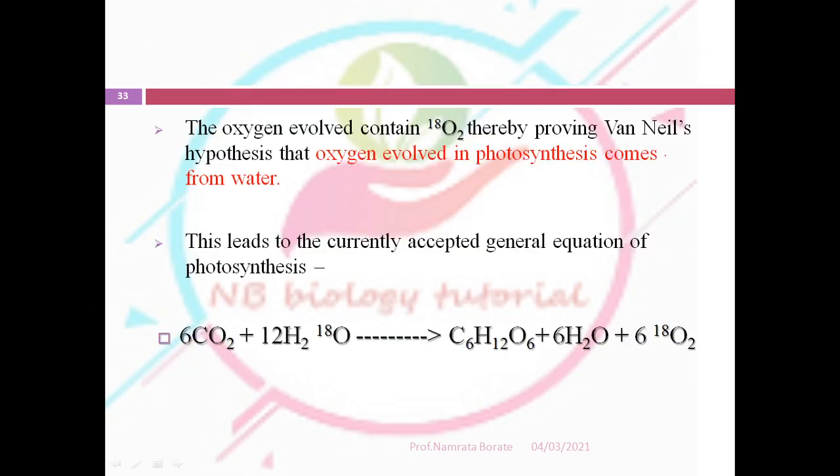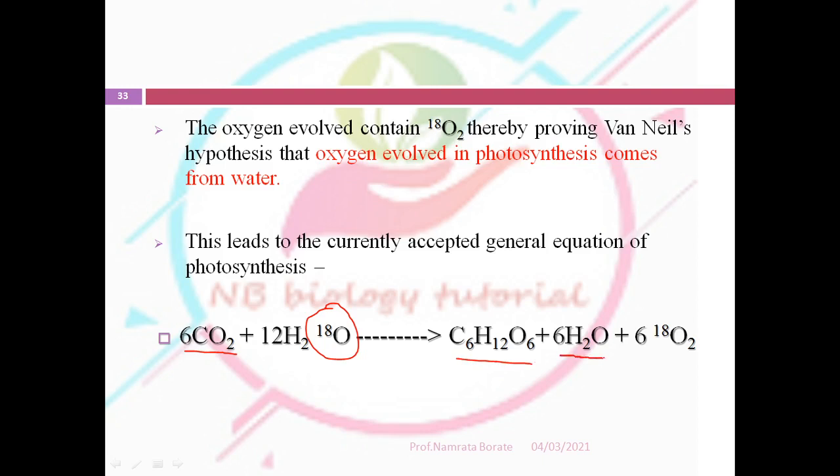So what is that Ruben and Kamen experiment? After performing this experiment, Ruben and Kamen proved that the oxygen evolved in photosynthesis comes from the water. So how is it possible? When 6 CO2 is there and 12 water molecules, and the 12 water molecules contain the heavy isotope of oxygen, there is a formation of C6H12O6.